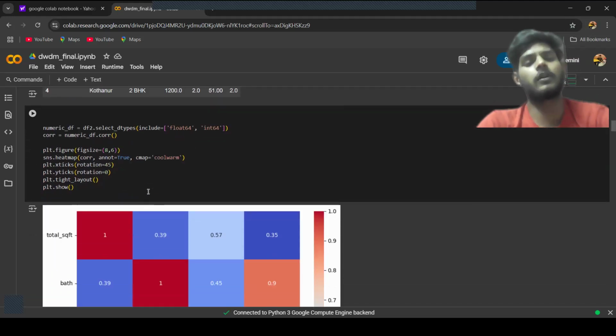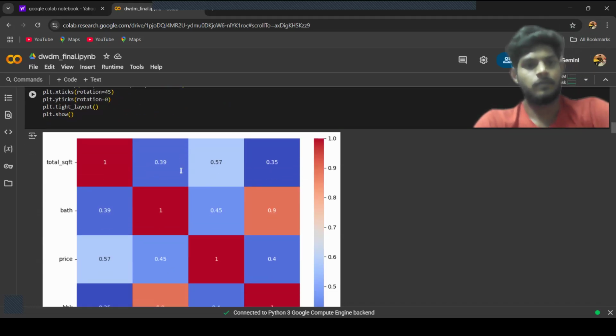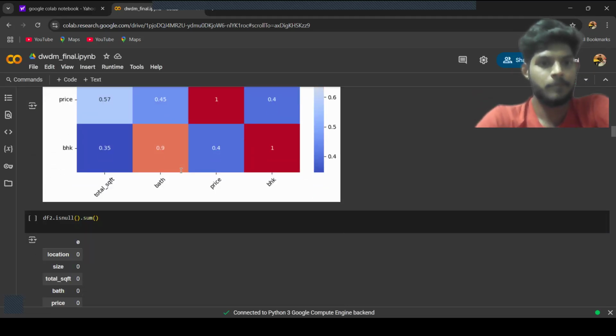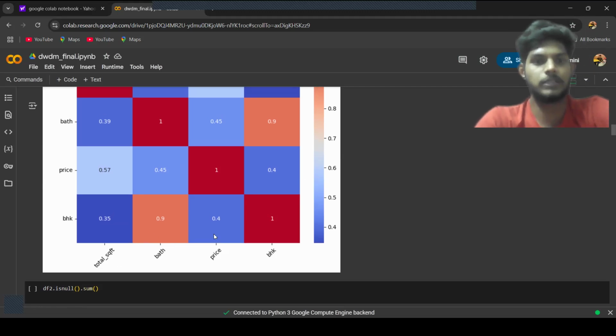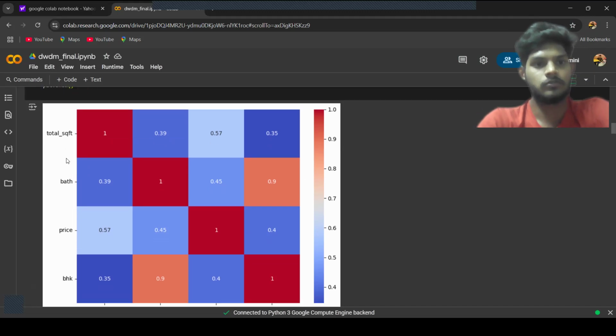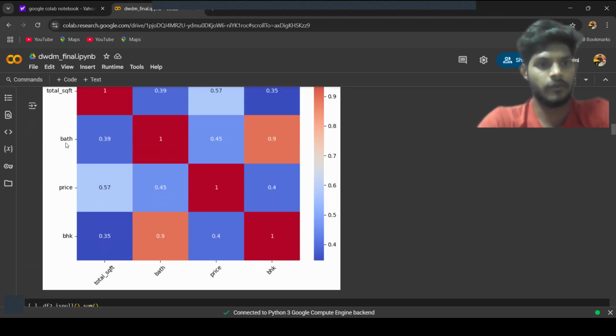And here we are drawing the heat map with respect to total square footage, bathrooms, price, and BHK.